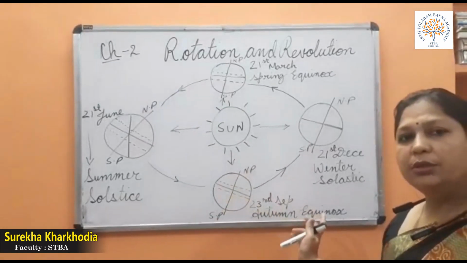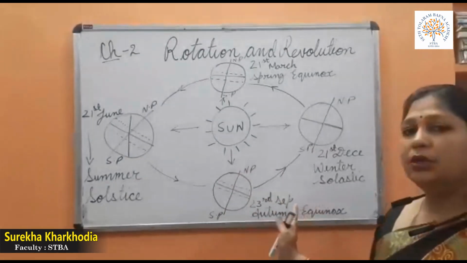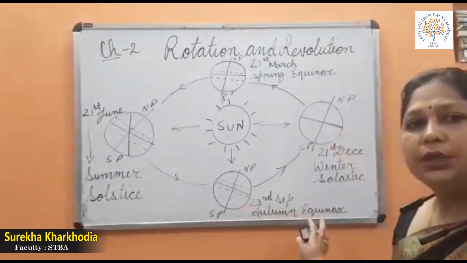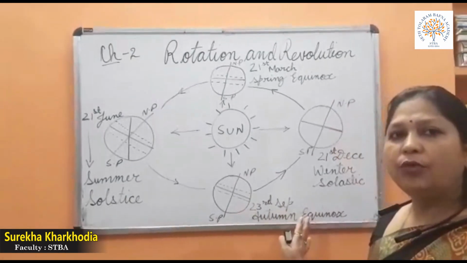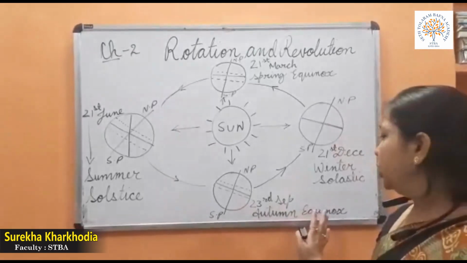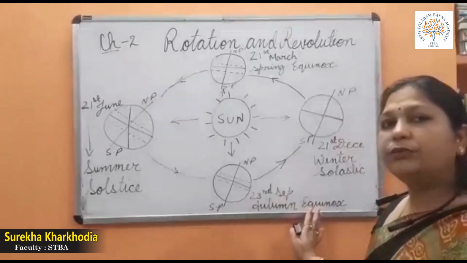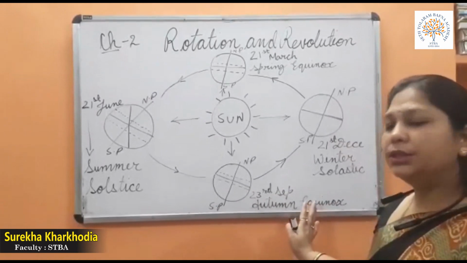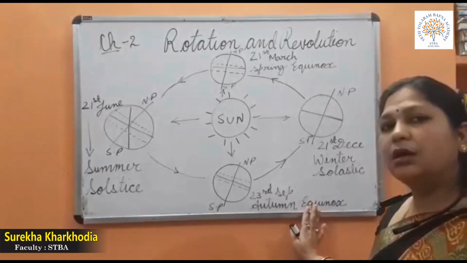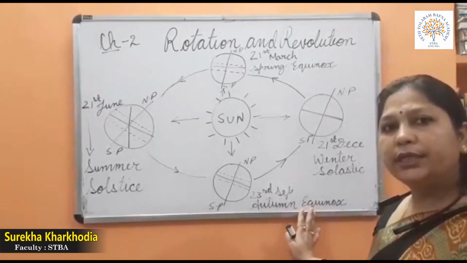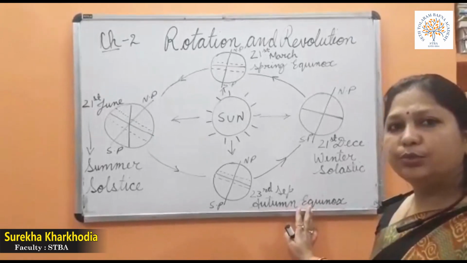Now what do you mean by equinox? Equinox means equal day and night. For a little period of time only, days and nights are equal in this position.